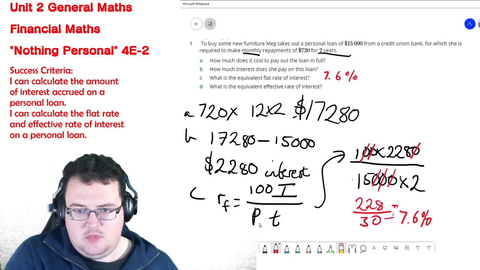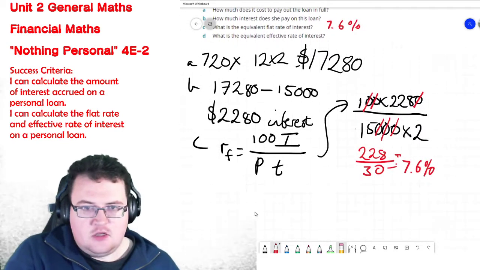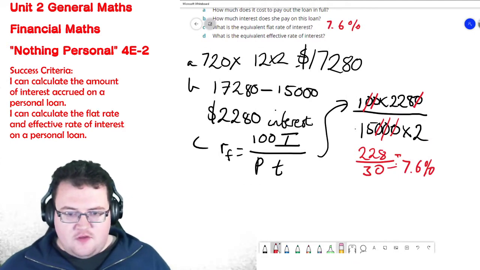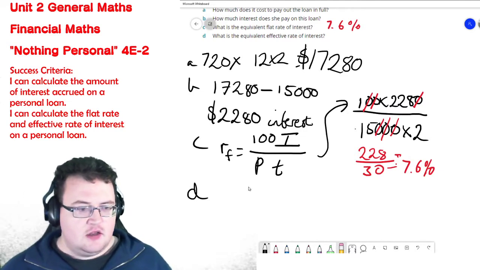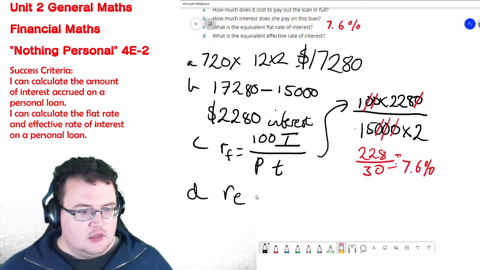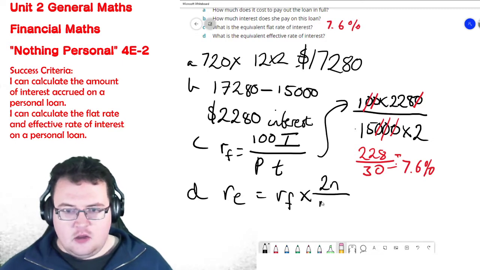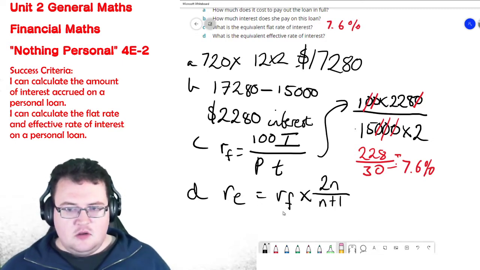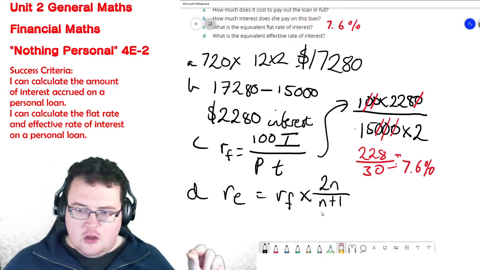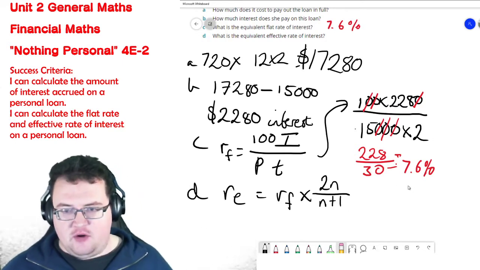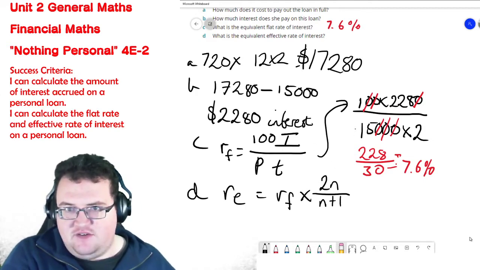That's per annum. Where it gets tricky is, remember, when we go down to our RE. So for part D, the equivalent effective interest rate is equal to RE equals RF times 2N over N plus 1. All right. Now, there is a way to estimate it, and then this is the actual way to calculate it. So, does anyone remember the approximation for how to estimate the effective interest rate?